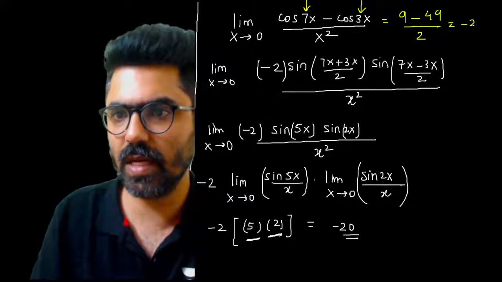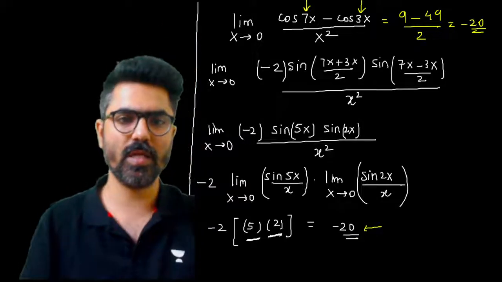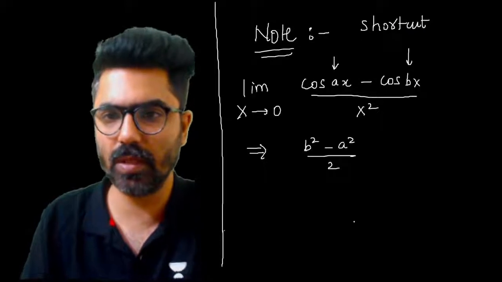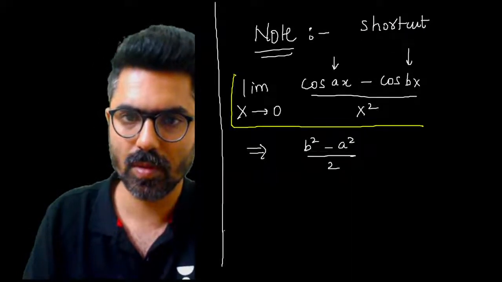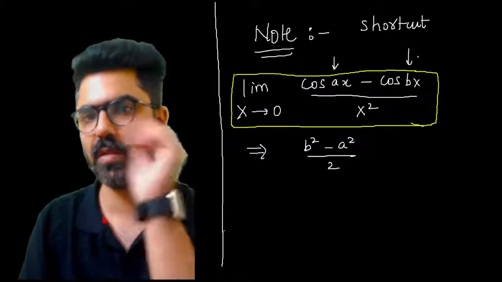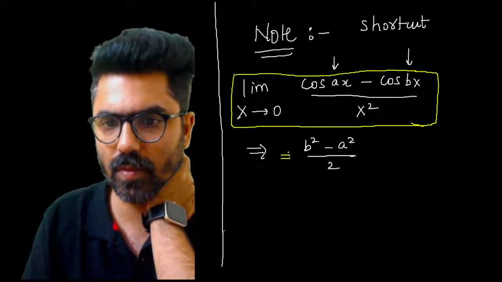So as we can see, we are getting minus 20 directly, just by applying the formula. It is applicable on this pattern only. If you remember, it will be helpful for your objective exams. Cos ax minus cos bx upon x square is b square minus a square by 2.